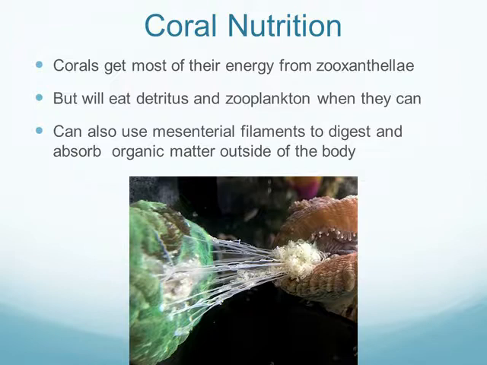So essentially they're spitting out their stomach, digesting their neighbor, and taking the nutrients from them. So it's a pretty gruesome way of getting nutrients, but that's one way. It's not a very common way, again. They primarily will get their nutrients from the zooxanthellae or from their tentacles.